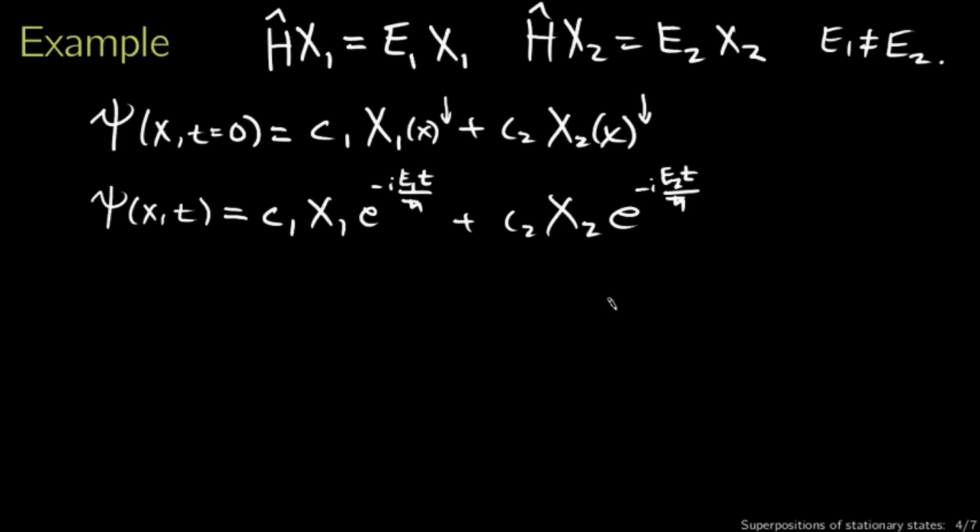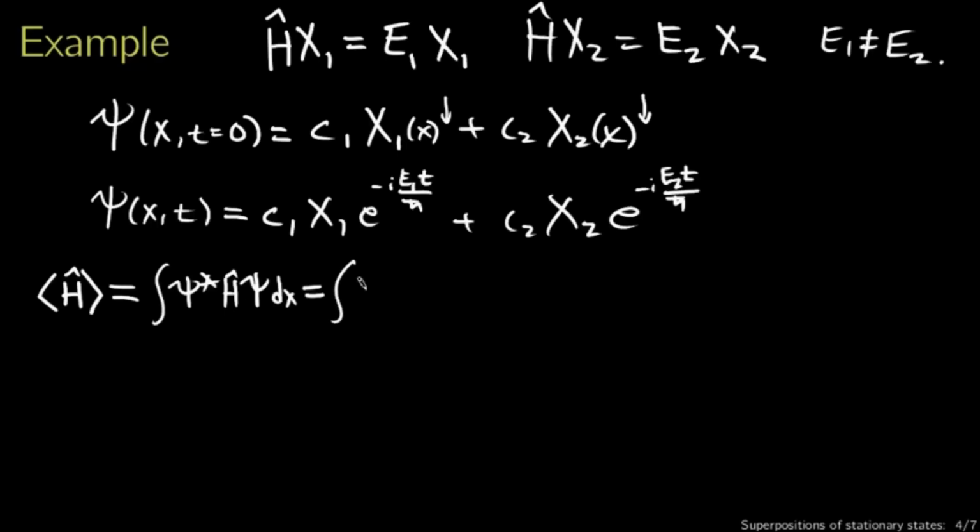So if this is our wave function, let's consider the energy. In particular, let's consider the expectation value of the Hamiltonian operator. What does that look like? Well, the expectation value is going to be the integral of psi star H hat psi dx, and I can substitute in this expression for psi.